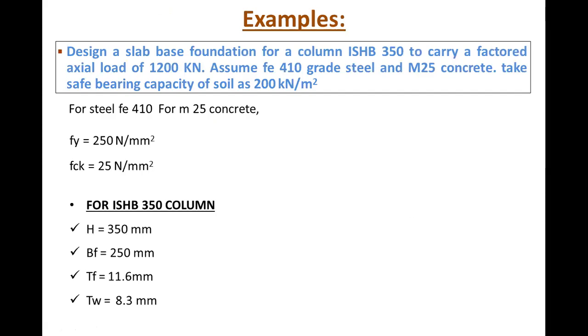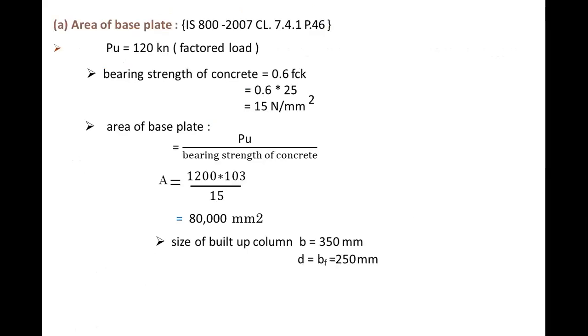In the steel table, the ISHB 350 criteria given are: total height is equal to 350 mm, width of flange is equal to 250 mm, thickness of flange is equal to 11.6 mm, and thickness of web is equal to 8.3 mm. Now first find the area of base plate, which is given in IS 800:2007, clause number 7.4.1, page number 46.